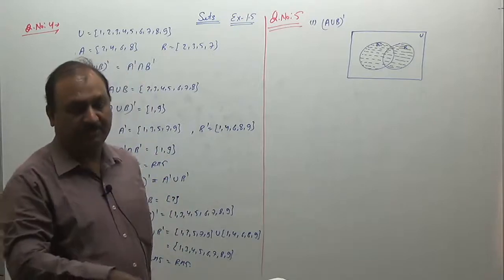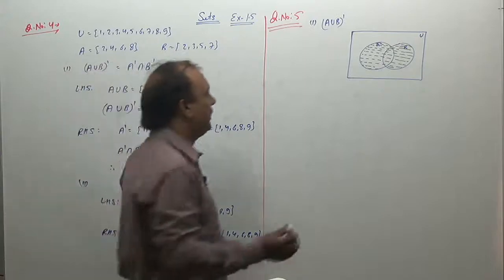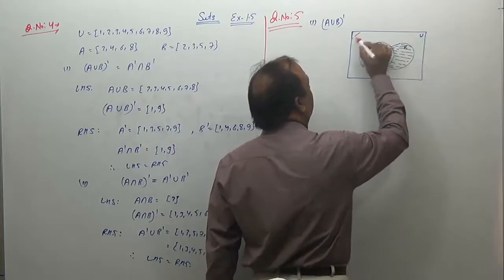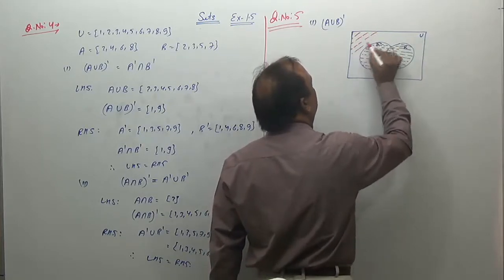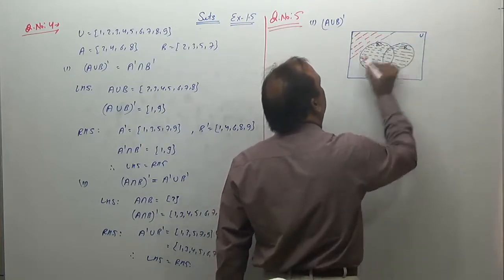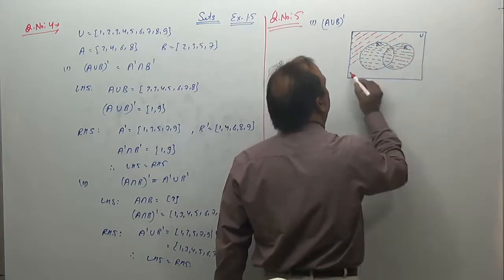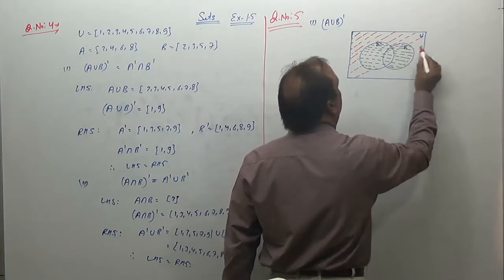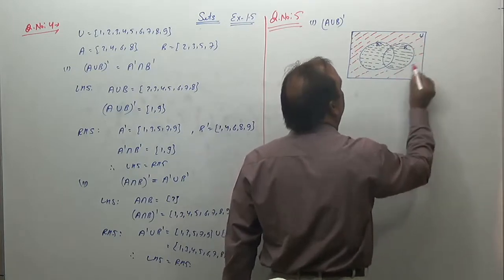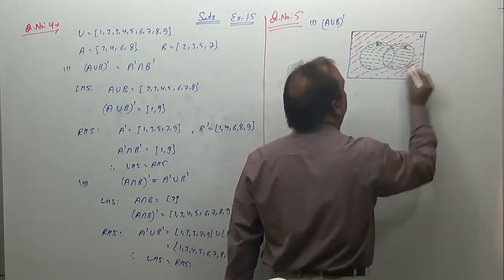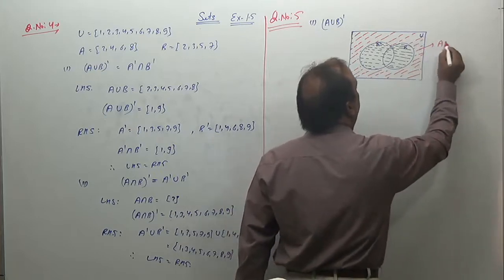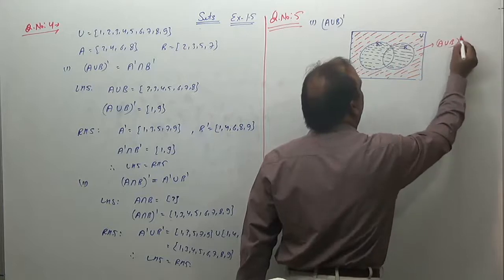So, what is the complement? So, A union B को छोड़कर जो यूनिवर्सल सेट के अंदर रिमेनिंग पोर्शन बचा है, इसी को हम कहेंगे A union B का complement. So, this red portion is called A union B whole complement.